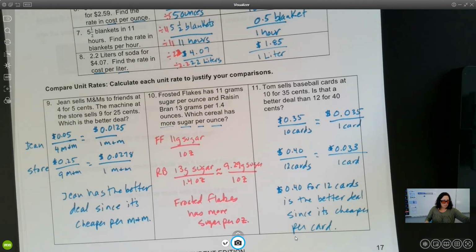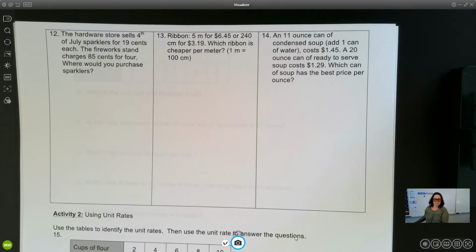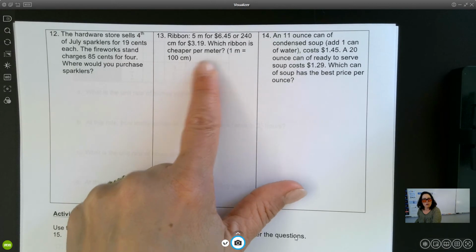Okay, how'd those comparisons go? All right, on to the next page, you guys. We've got 3 more to compare. Let's see here. I'm going to go ahead and do them. We won't have anything as fancy as number 13 on this lesson. We will not have anything as fancy with this conversion to think about also.